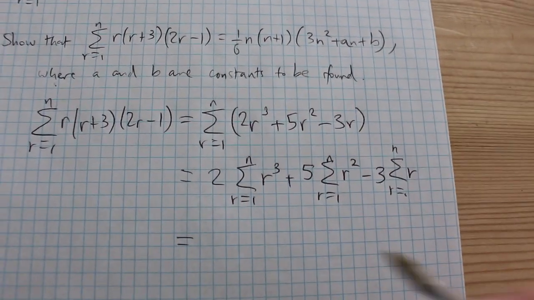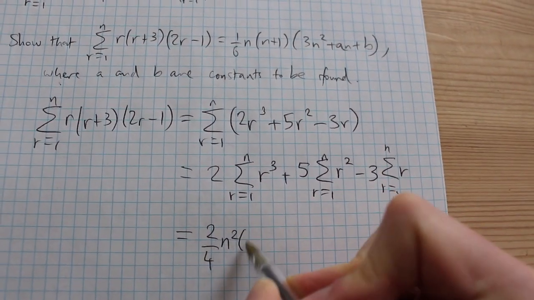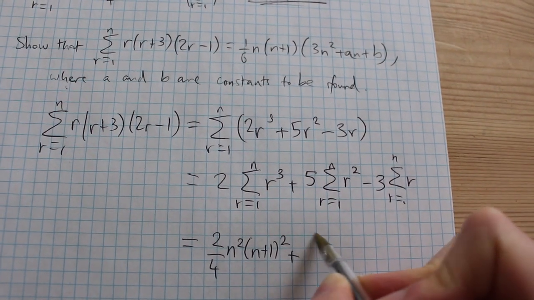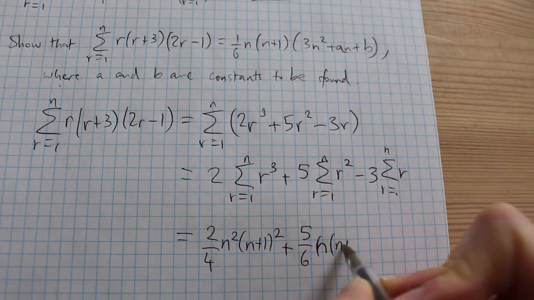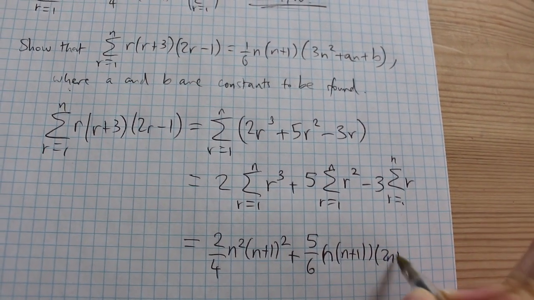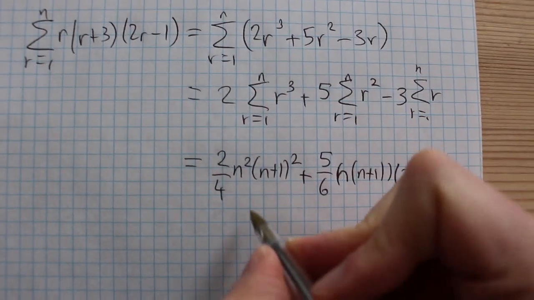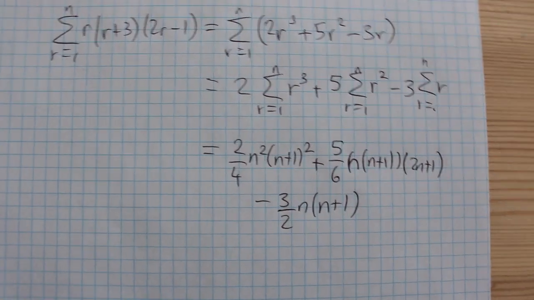And then if we use the sum of cubes formula, we have 2 over 4 n squared times n plus 1 squared. And then the sum of squares formula, we have 5/6 n plus 1 times 2n plus 1, and then minus 3 over 2 n plus 1.